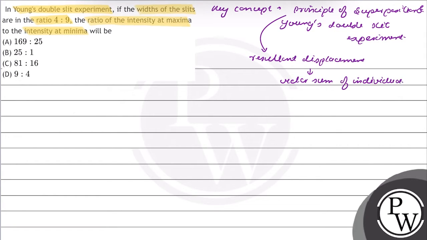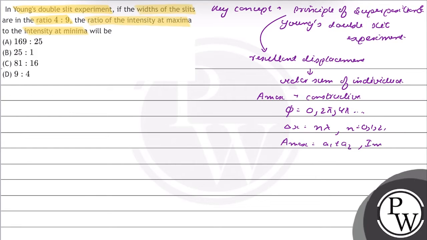So for a maxima, amplitude to be maximum जो कि होगा constructive interference में, phase difference phi is equal to 0, 2 pi, 4 pi, so on, and path difference delta x is equal to n lambda जिसमें n की वैल्यू होगी 0, 1, 2, 3, and amplitude maximum is equal to A1 plus A2.